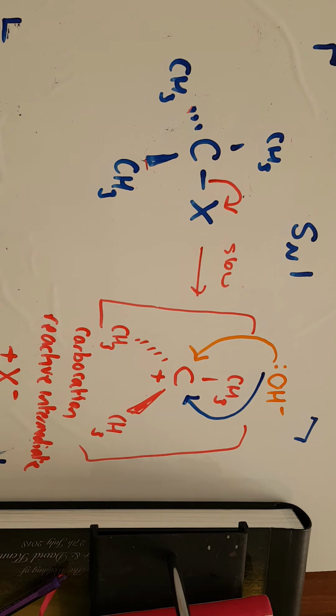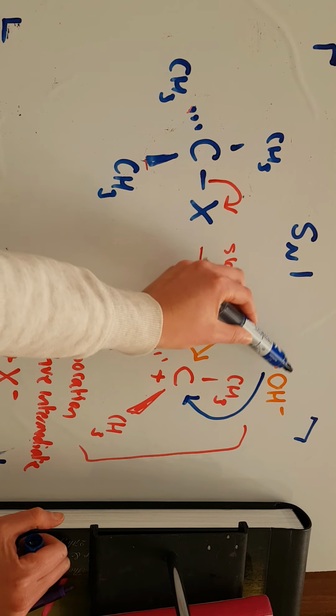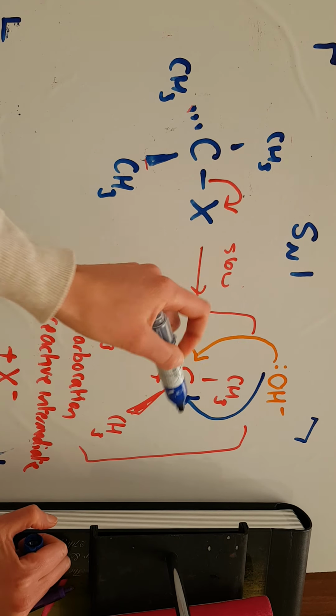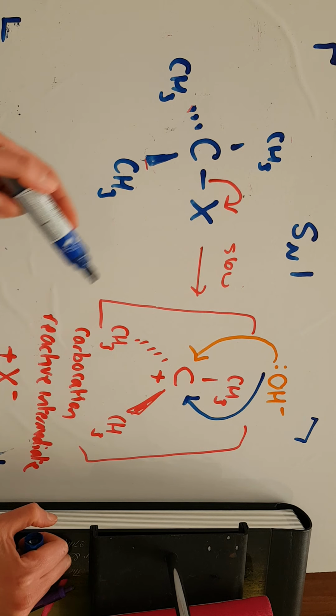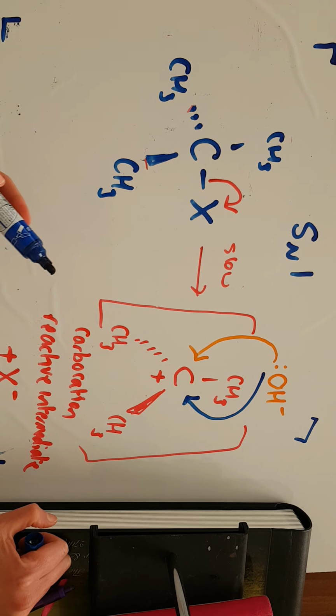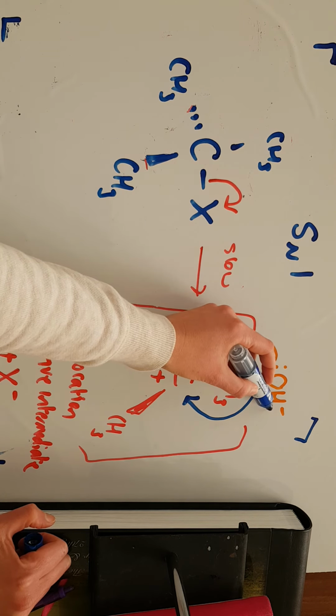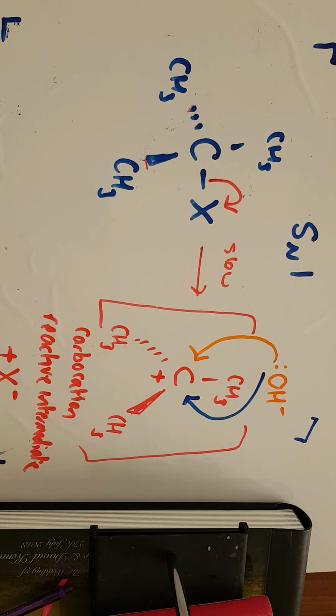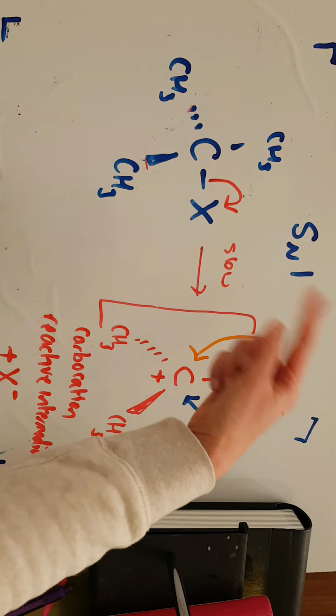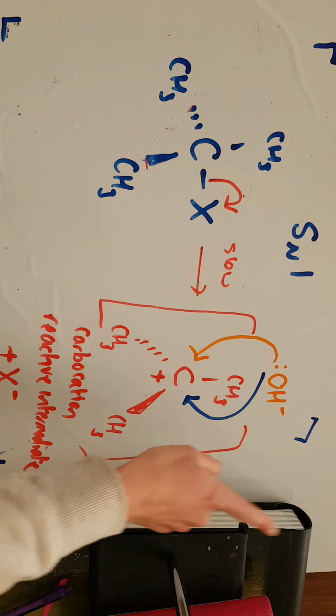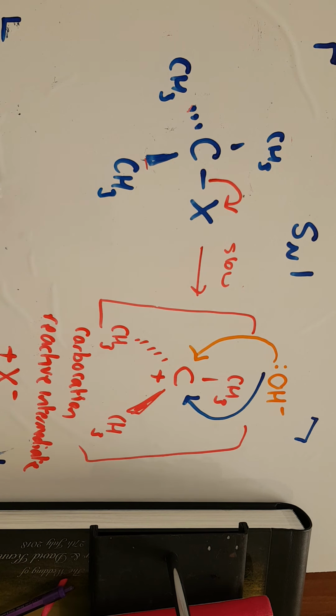Notice how both of my arrows I've tried to show coming from this lone pair of electrons, because that is what an arrow shows us, the movement of electrons. So I would be incorrect to draw my arrow from here. What this then means is that I have two possible products that can form. One with the hydroxide on the left and one with the hydroxide on the right.